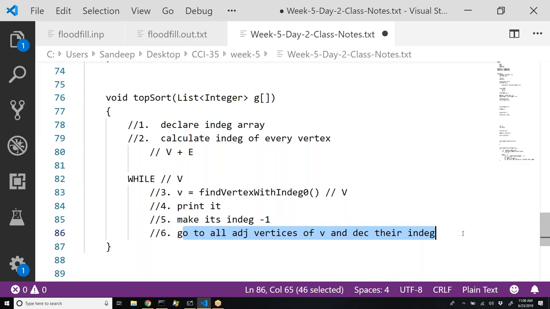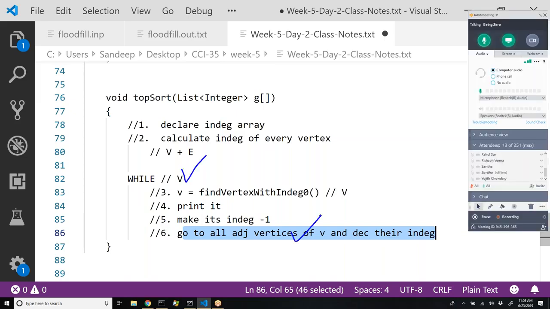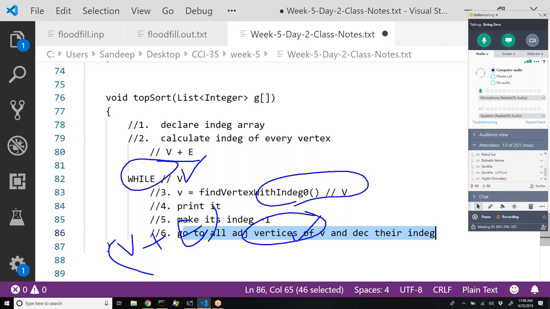Then go to all adjacent vertices of the vertex and decrement their in degree. For that vertex's edges, it is the same way we analyzed previously. Can I say this is V plus E? Because for every vertex its edges, it is overall V plus E for this. For this, it is V extra, so say V into V plus E.